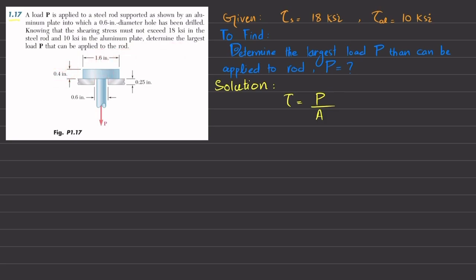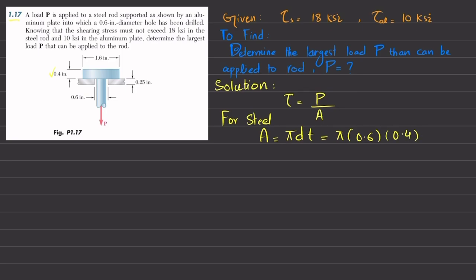So I will first find for steel: shearing area will be equal to pi d into t. So pi multiplied by d, which is 0.6 inch. Again, this will be the diameter where this steel rod may shear, which is 0.6, and thickness is 0.4.